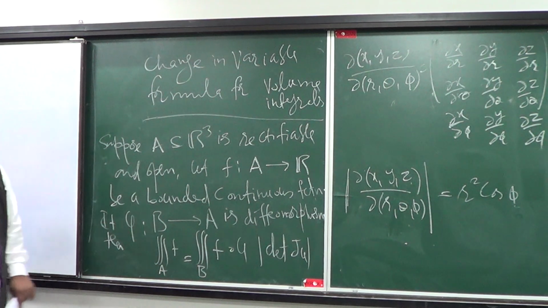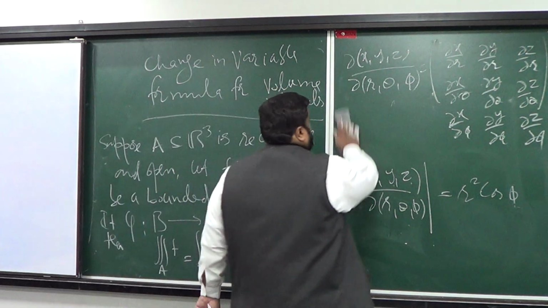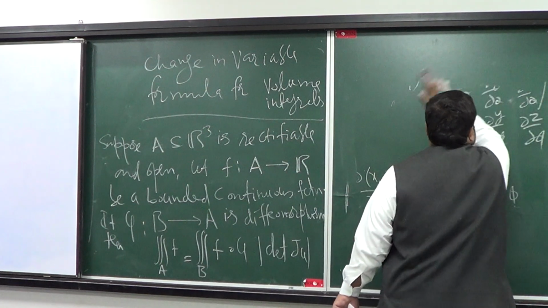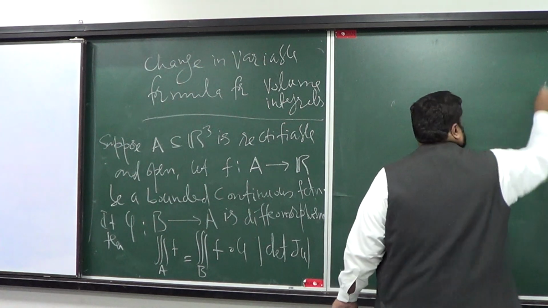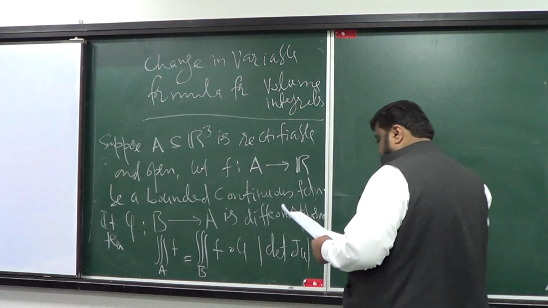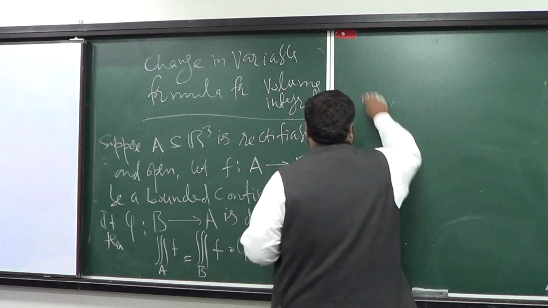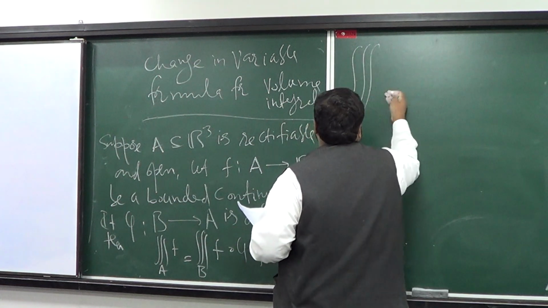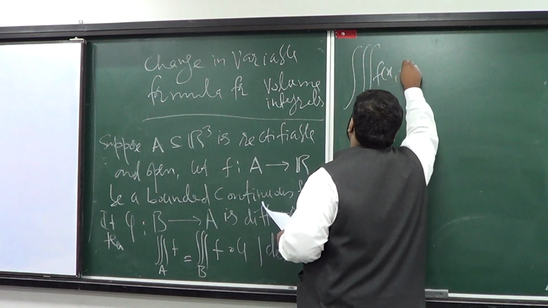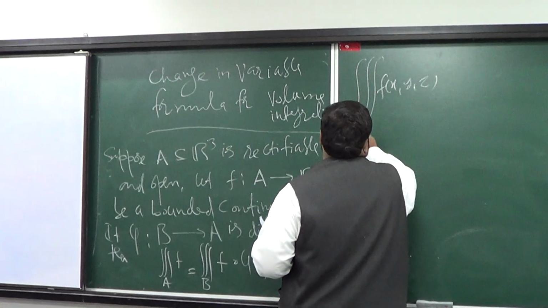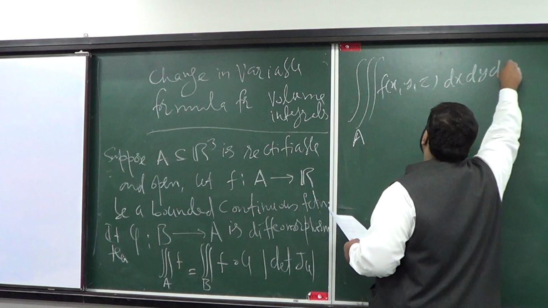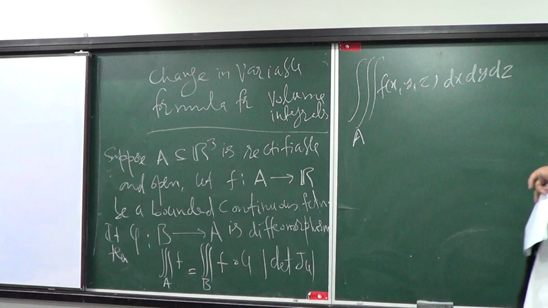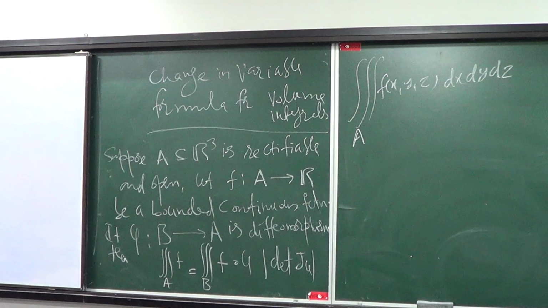And if you write this expression more explicitly in classical notation, it's going to look like this. I have the triple integral of f of x, y, z evaluated over A with respect to dx, dy, and dz. Okay.